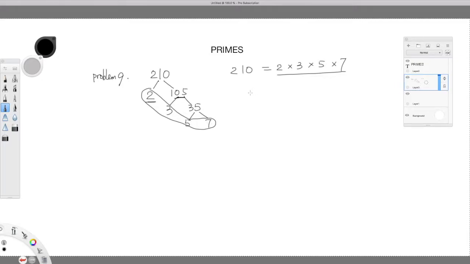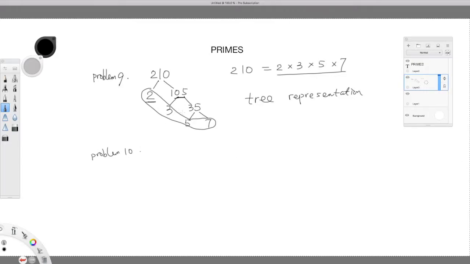This is called a tree representation of prime factorization.